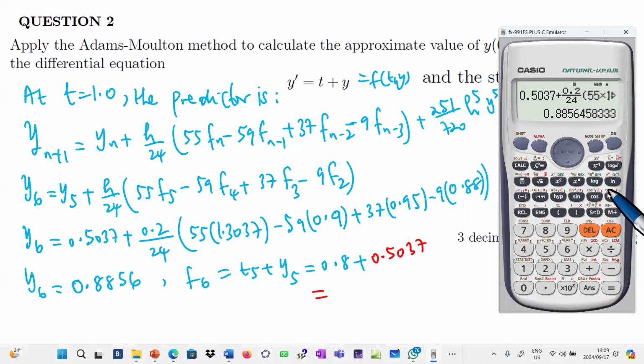We have 0.8 plus 0.5037, which is 1.3037. So you're getting exactly 1.3037.